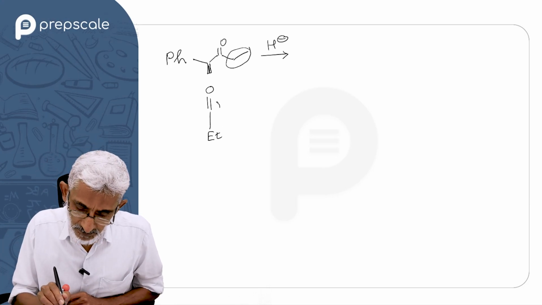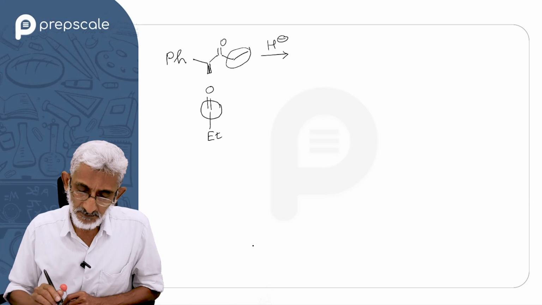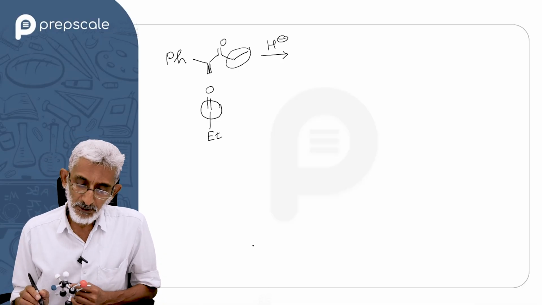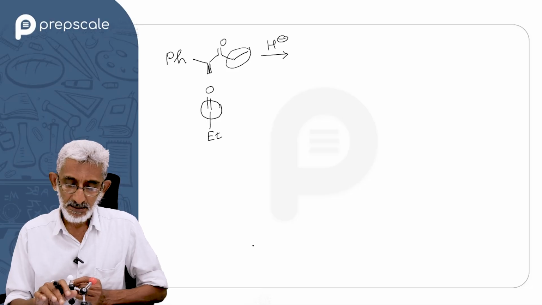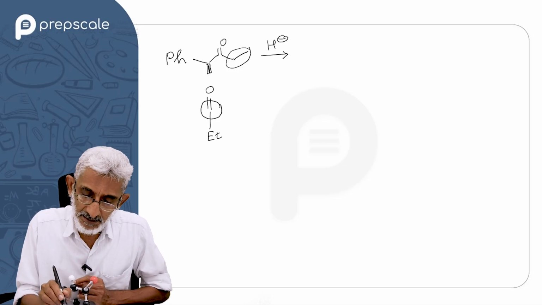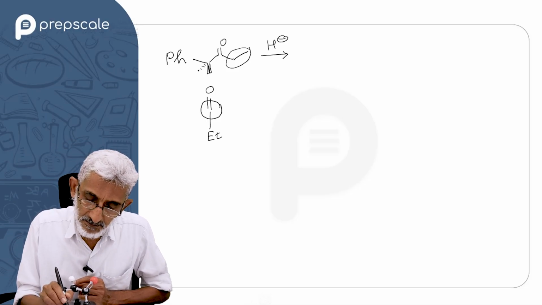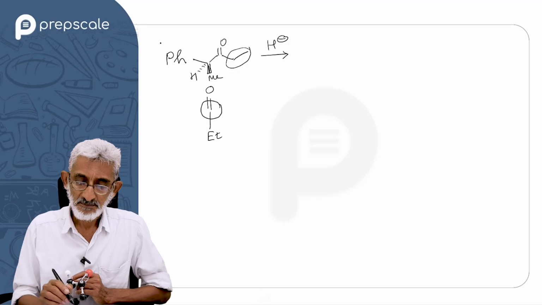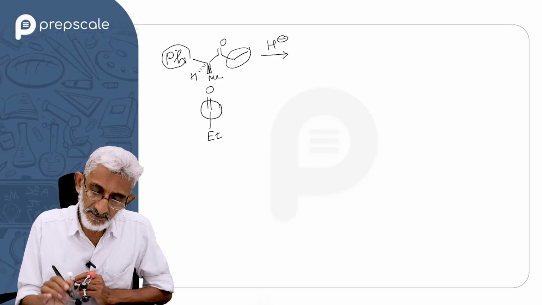But now I will draw the three different groups. What you have to do is take the largest one. You have three groups here: one is methyl, the other is H, and this is phenyl. The largest group is phenyl.